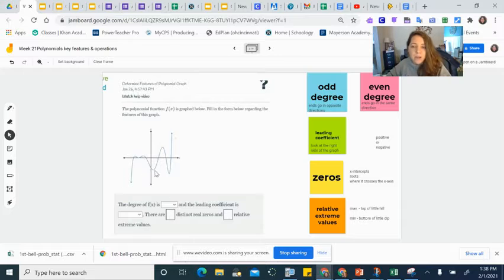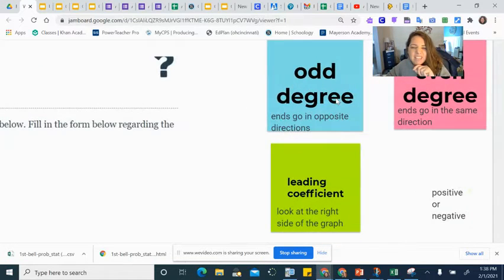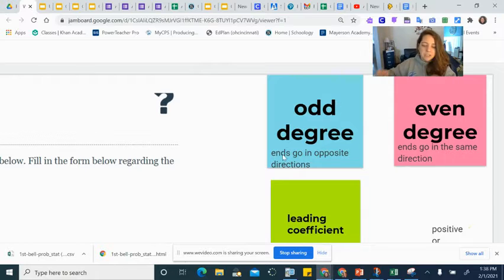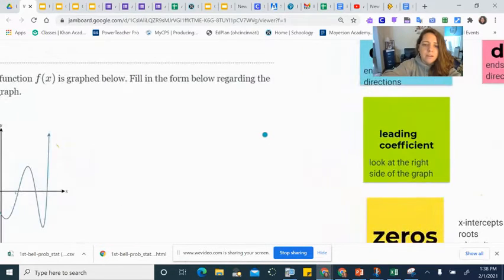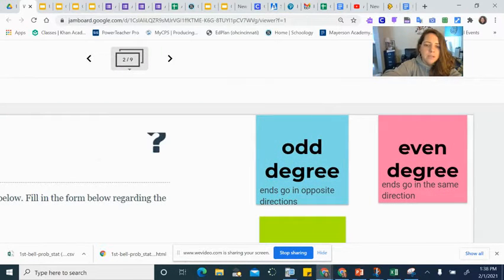By looking at the graph, what you're going to look for to decide if it's an odd or even degree is whether the ends go in opposite directions. When I say opposite directions, what I mean is, on the right side it goes up, but on the left side it goes down, or vice versa.